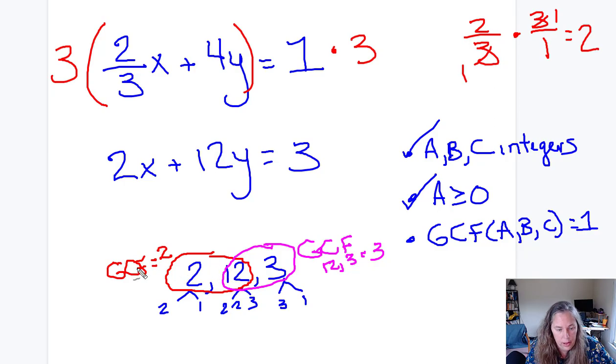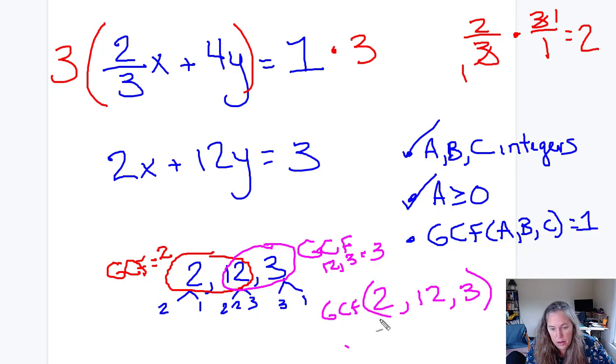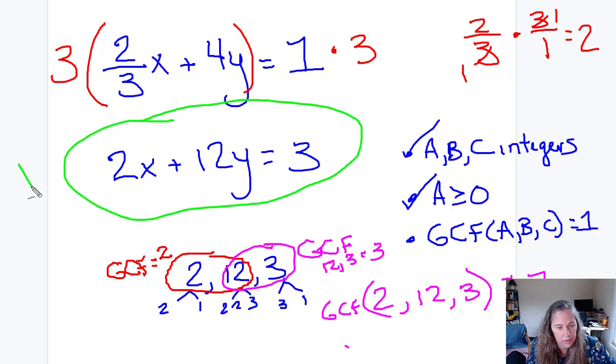So 2 and 12 do not have a GCF of 1, and 12 and 3 do not have a GCF of 1, but for all three of them, 2, 12, and 3, the only number that goes into all three of those is 1. So the greatest common factor of 12, 2, and 3 is 1. So that is standard form. Yes, we did it. Standard form.